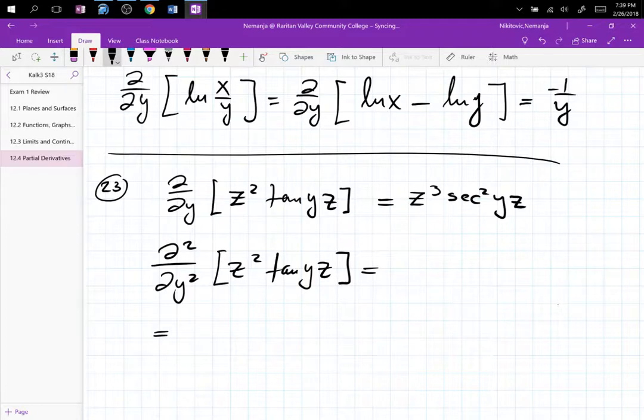Is it 2z to the fourth secant squared yz tan yz? Maybe. I don't know. I haven't done it, but possible. Let's see what others come up with.